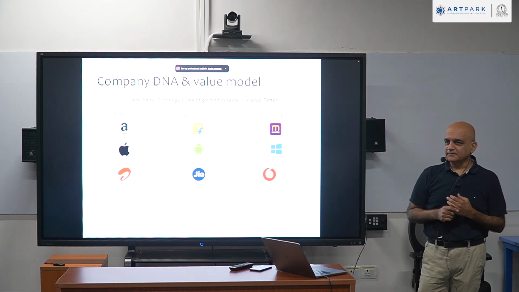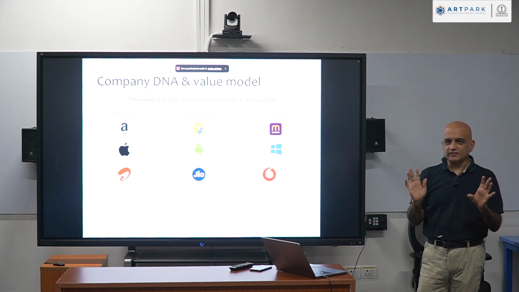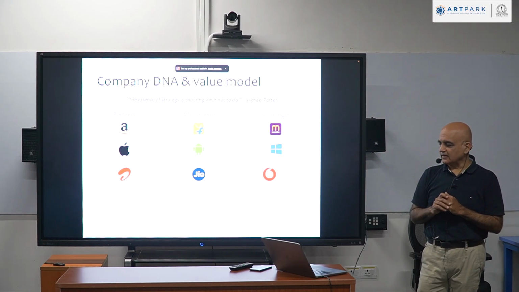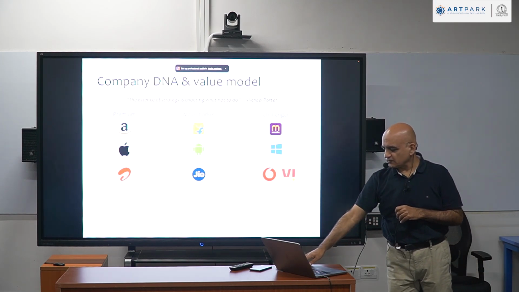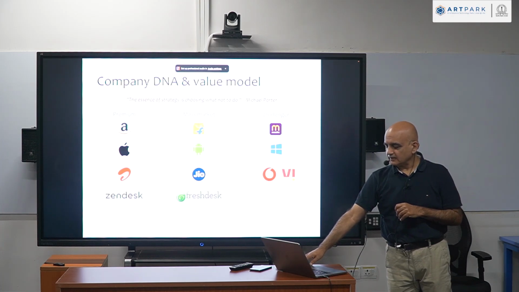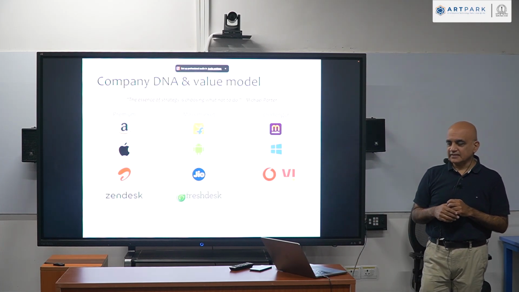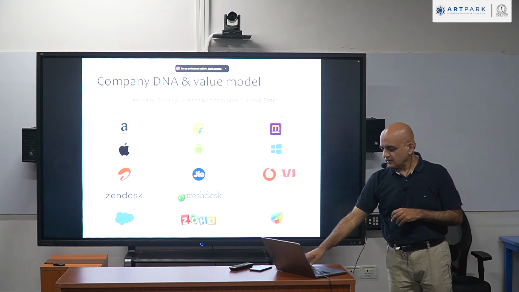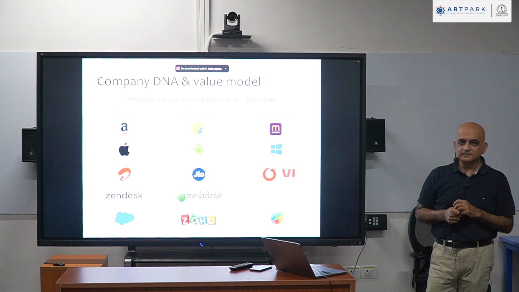One more example. The reason I'm choosing different sectors is just to show that this is true for every sector. It's not just one sector, hardware, software, everything, it applies. Airtel, Jio, and Vodafone or V. Also true for software companies, Zendesk versus Freshdesk. Anyone knows that blue cloud? Which company is that?